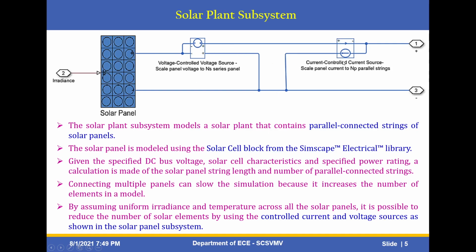Connecting multiple panels can slow the simulation because it increases the number of elements in the model. By assuming uniform irradiance and temperature across the solar panels, it is possible to reduce the number of solar elements by using current control and voltage sources as shown in this solar panel subsystem.